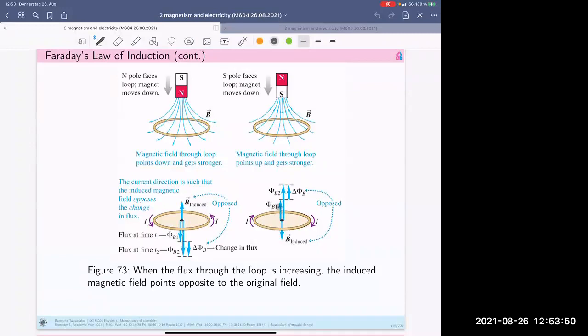When you move it closer, this vector is going to be stronger, which means it has a longer magnitude, which is Φ_B2. You can find the difference between these two states, and it's called again the flux change, delta Φ_B.